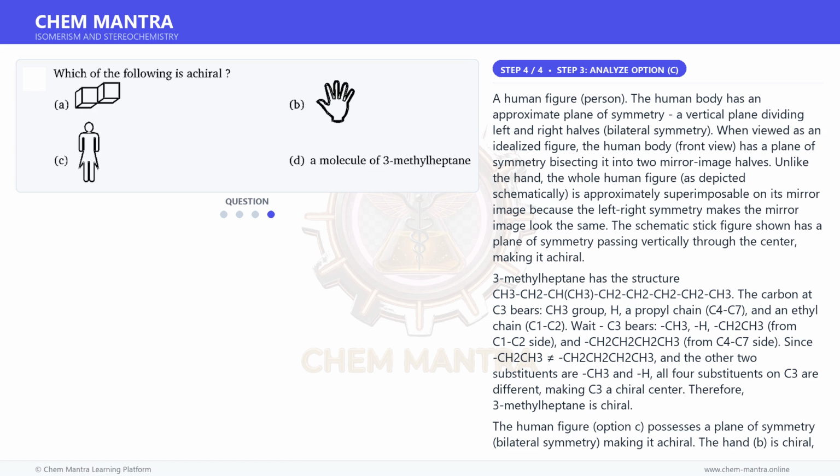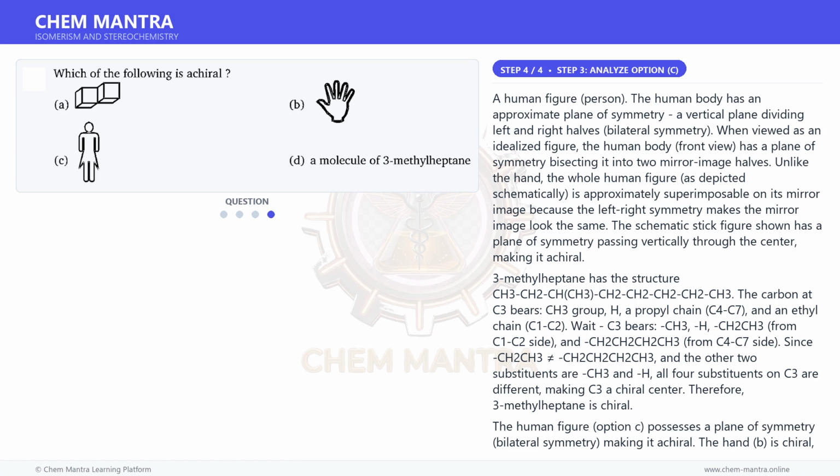3-methylheptane has the structure CH3, CH2, CH, CH3, CH2, CH2, CH2, CH2, CH3. The carbon at C3 bears a CH3 group, H, a propyl chain, C4 to C7, and an ethyl chain, C1, C2.